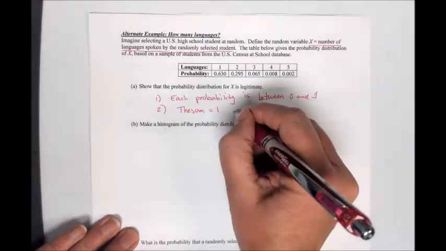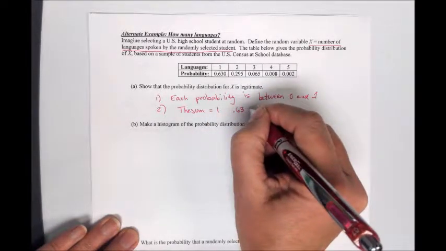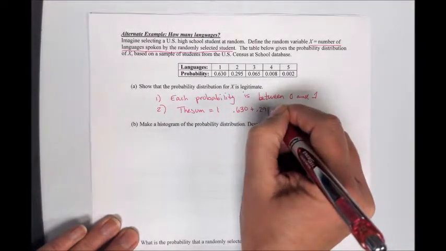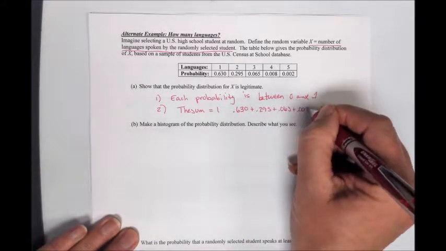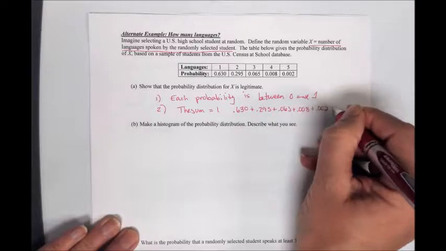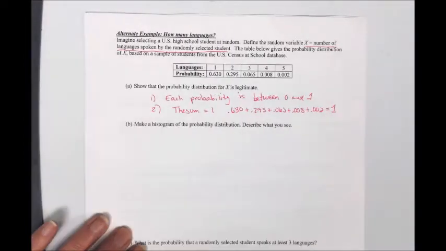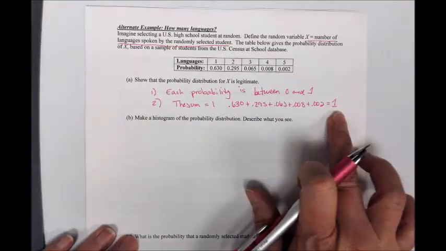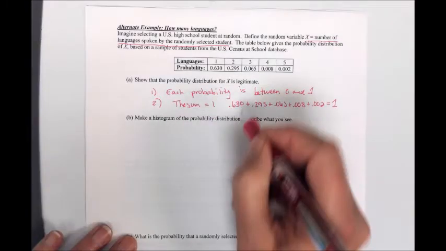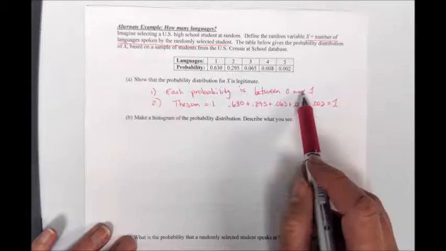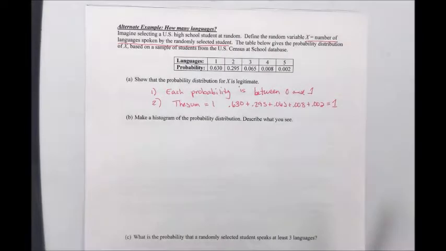So in other words, if I added 0.630 plus 0.295 plus 0.065 plus 0.008 plus 0.002, again, I always recommend showing your work. I know you can type this in the calculator, but write down that that's what you're doing. So the sum is 1, verified, and each probability is between 0 and 1. So it is a legitimate probability distribution.